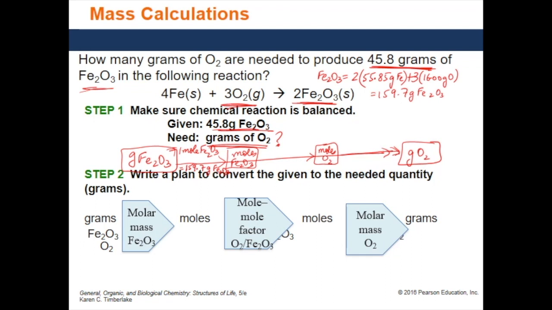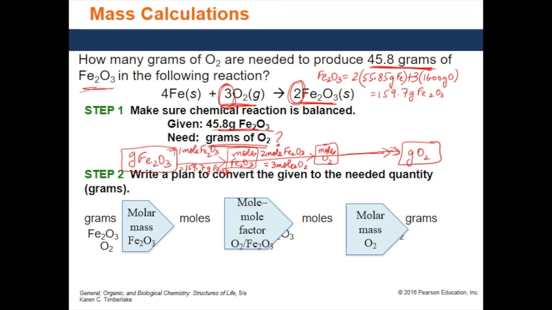Now what is the conversion factor to go from moles of Fe2O3 to moles of oxygen? That is the stoichiometric molar ratio right here. 2 moles of Fe2O3 produces, or requires, 3 moles of oxygen. So that is our conversion factor for this.